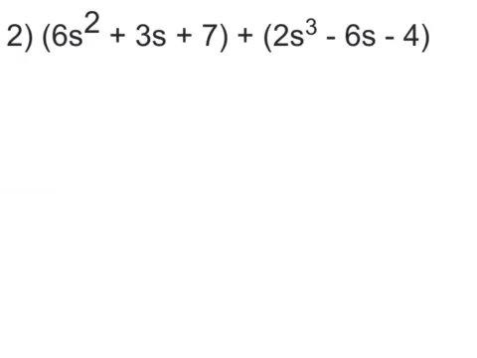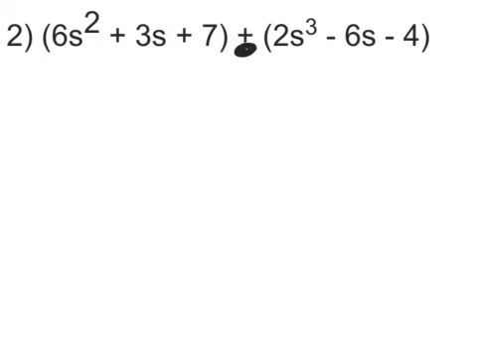So example 2, we have the quantity of 6s squared plus 3s plus 7 plus the quantity of 2s cubed minus 6s minus 4. So once again, our first step said to distribute our negative sign. Distribute if we need to. So if we look between the two sets of parentheses, though, we have an addition.